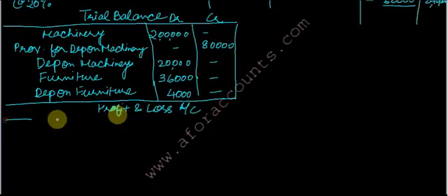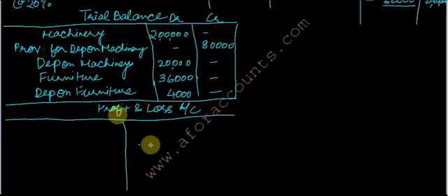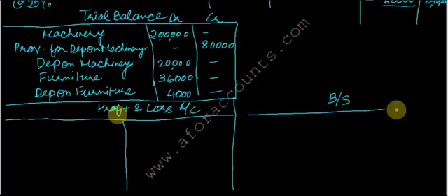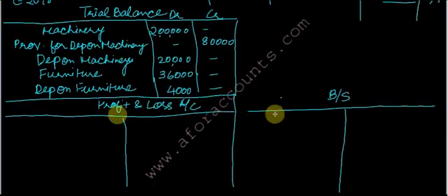I have a profit and loss account here, and I am making a balance sheet here. Balance sheet as on so and so date. Liabilities here and assets here. Now first thing, machinery 2 lakh, it's my asset, put it here.